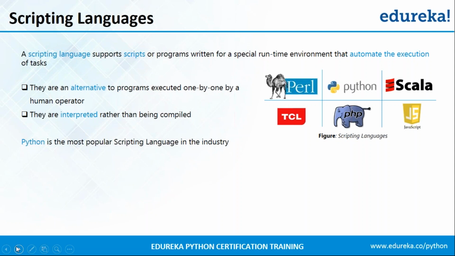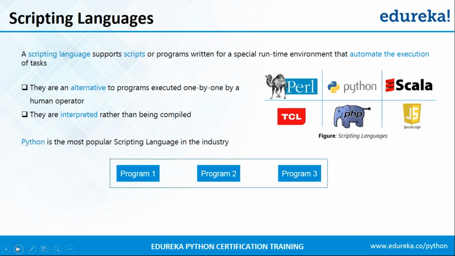Let me show you with an example. So here we have got 3 programs and I want to run all these programs one by one. I want to run program 1 first, and after the execution of program 1, then 2, and finally 3. Now, if I'm not working with a scripting language and I want to do this task, I need a human operator for that. This person will first execute program 1, and after he's finished program 1, then he'll execute program 2 and program 3.